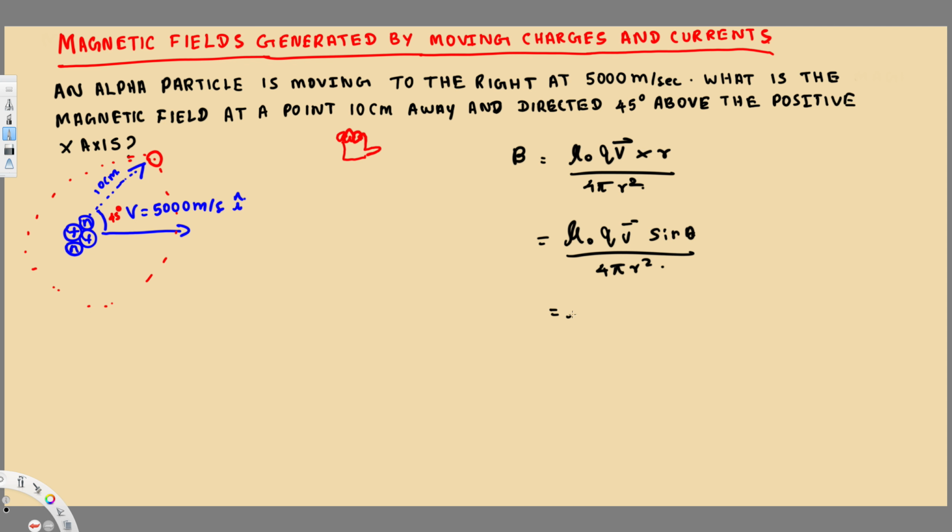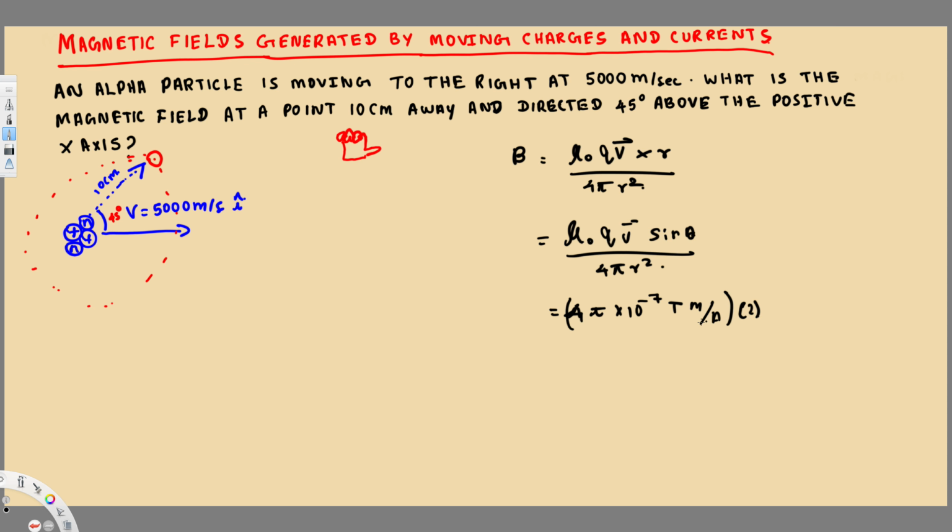Here we have mu naught, that is 4 pi times 10 to the power of minus 7 Tesla meter per ampere, times the charge. It's going to be the charge of the protons. We have two protons right here, so we have to multiply this by 2.